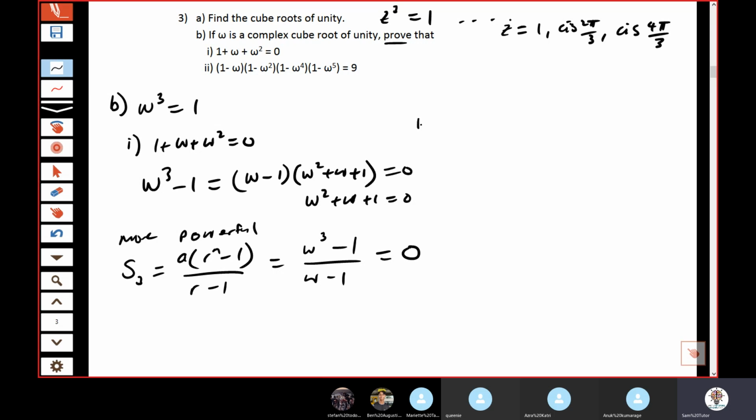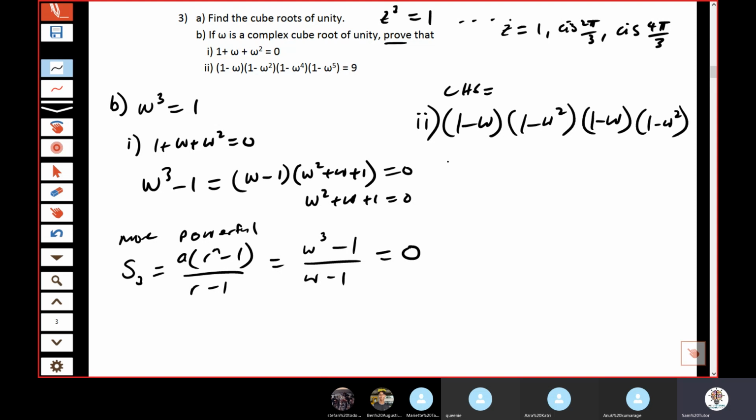Let's do double line. What do we change W to the power of 4 to? Yep, which becomes just what? Just W, good job. So, left-hand side. Rings a bell, right? 1 minus W squared, 1 minus W, 1 minus W squared equals.